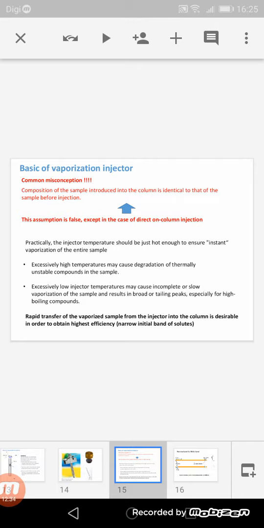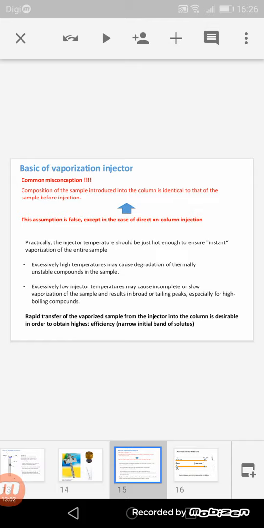So why is this false? Because the injector temperature should be hot enough to ensure instant vaporization of the entire sample. Basically, excessively high temperature may cause degradation of thermally unstable compounds in the sample, so changes will start to happen.